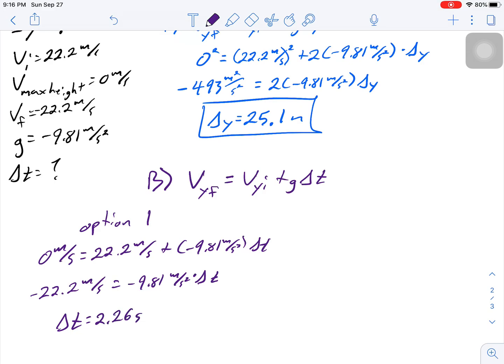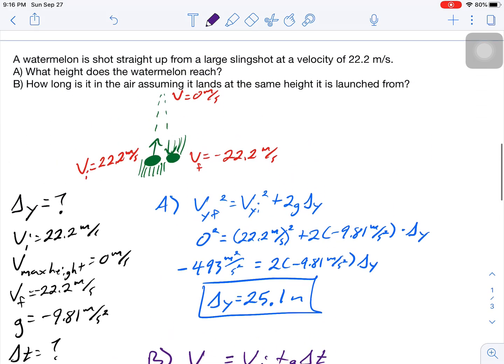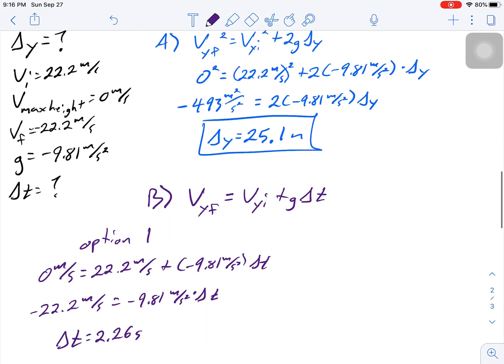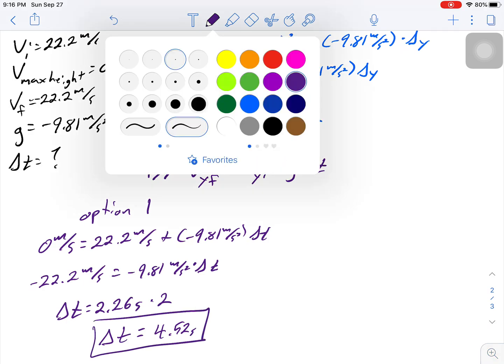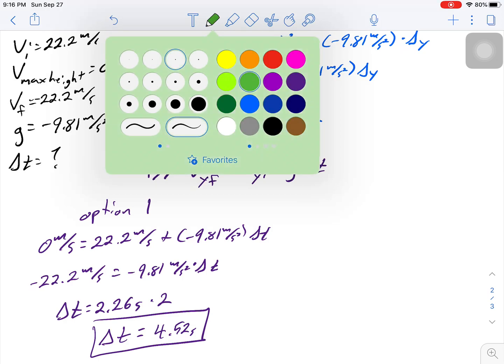But the problem is that's just to get to the apex, and we want the time it is in the air, the total hang time. So we're going to want to double this. Really, the total time that this is in the air is 4.52 seconds. That's option 1.